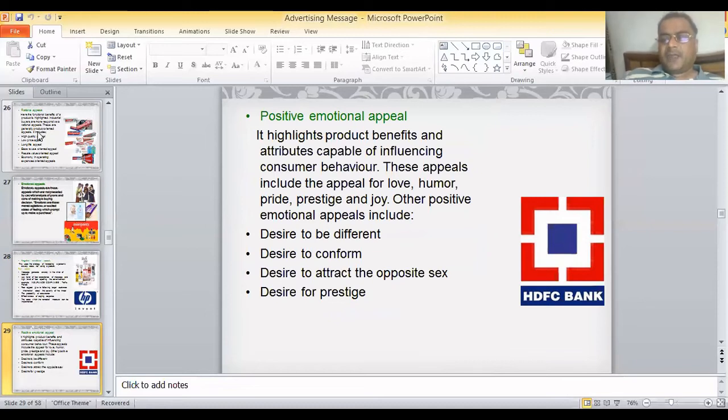For example, there was a bike of Bajaj, the Vikrant, wherein they used the positive emotional appeal of patriotism, and they said that the ship Vikrant, which was a naval vessel, and how that bike was made from the iron or steel of Vikrant. So there they were using a positive emotional appeal, which was of patriotism.